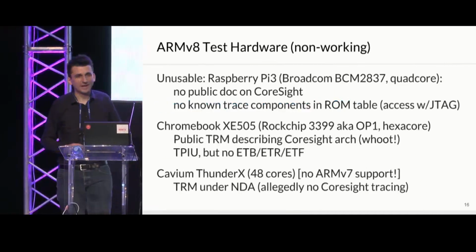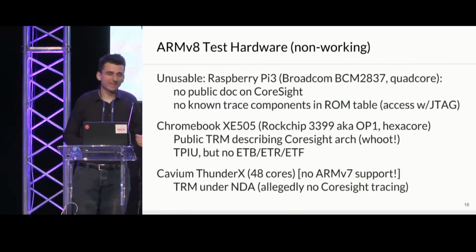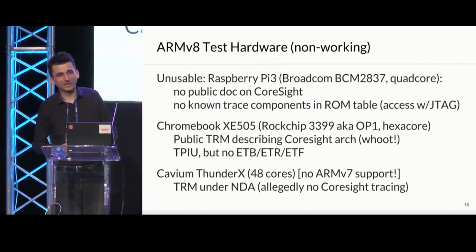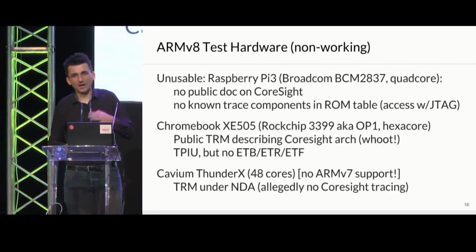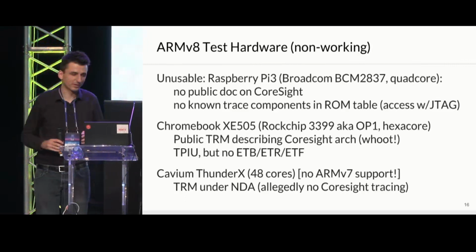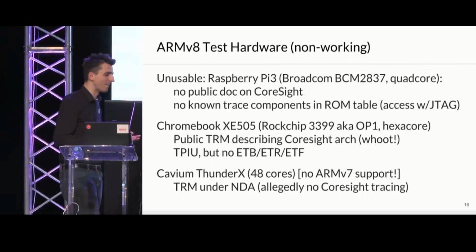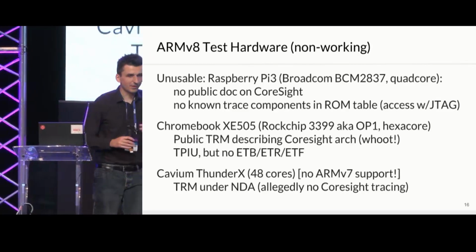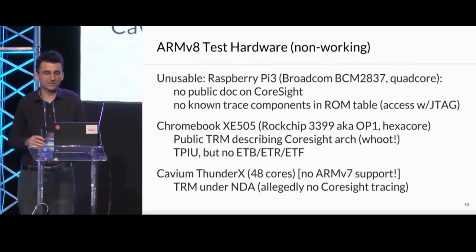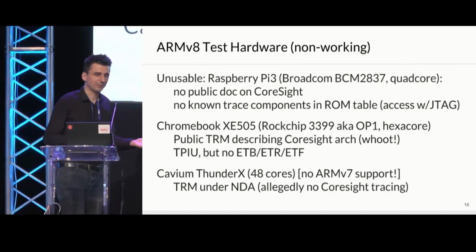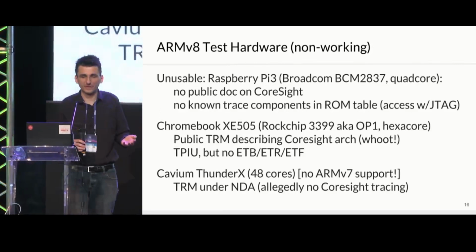When I set out to get this technology to work, there were a number of hardware devices that I tested that didn't work. The most widely used tinkerer device for ARMv8 these days would be the Raspberry Pi 3, so that would be an obvious first choice.